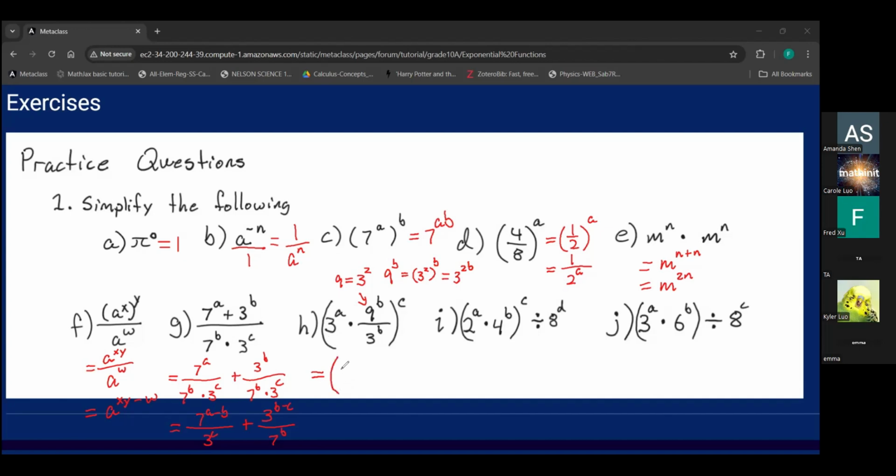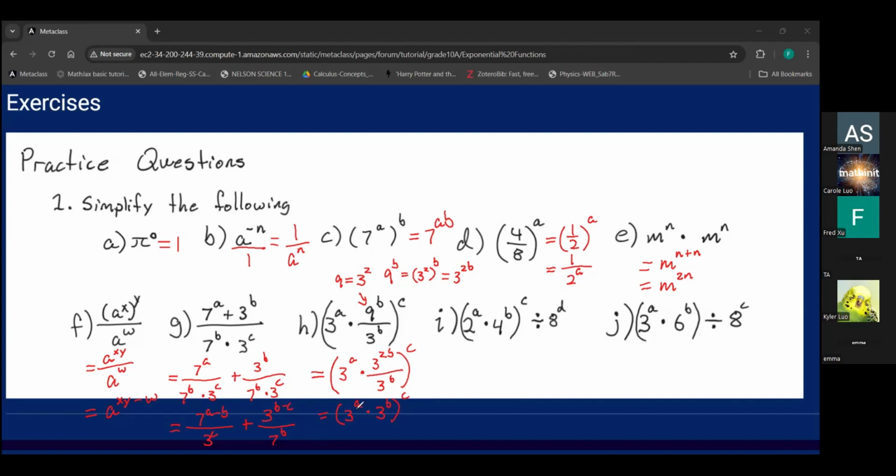So right here, this is 3 to the power of a times 3 to the power of 2b, over 3 to the power of b, all of this to the power of c. And this is subtraction: 2b minus b is just 1b. So this is equal to 3 to the power of a times 3 to the power of b, all to the power of c.